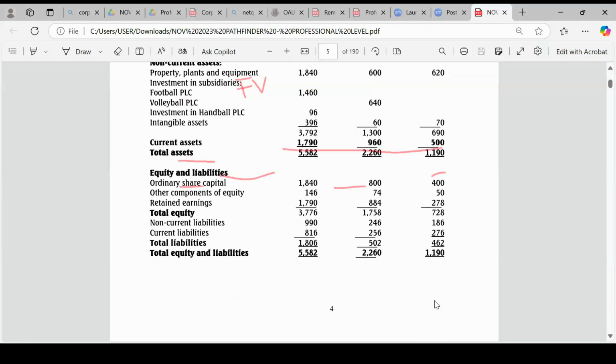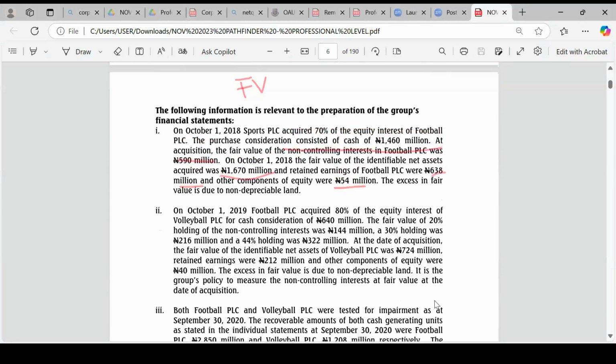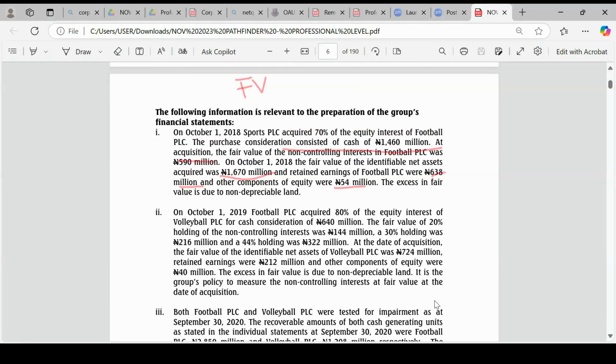I would want to know if they gave me the detailed breakdown, like revaluation reserve, share premium, or put it together. All right, they put it together, no problem.